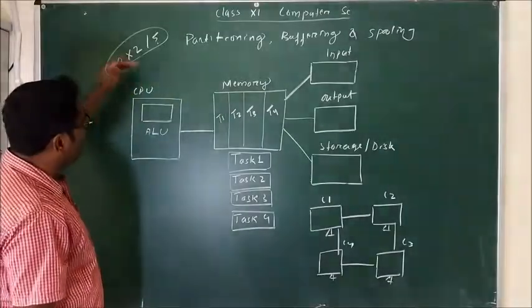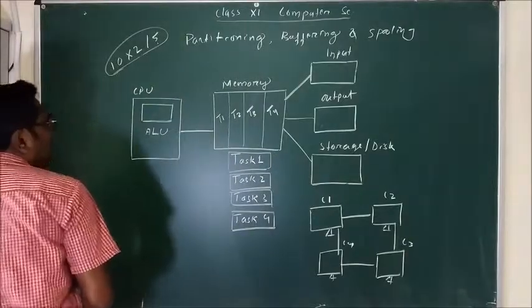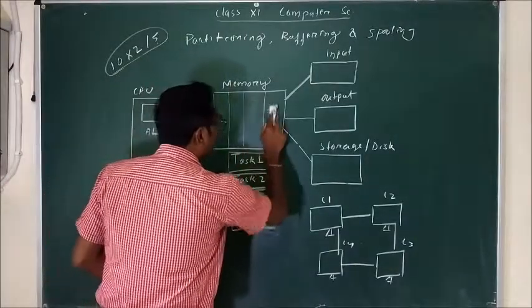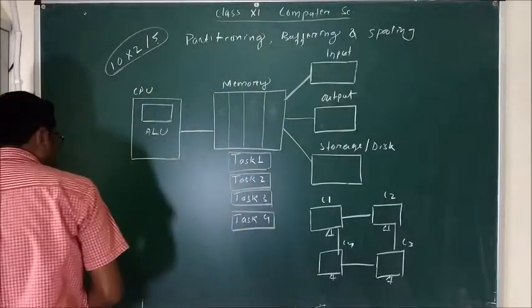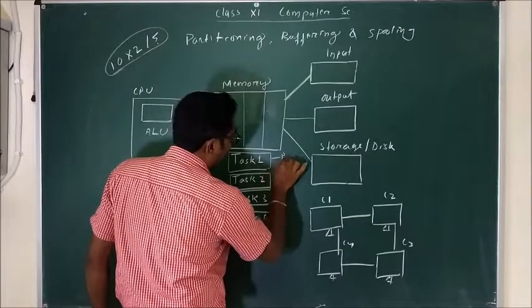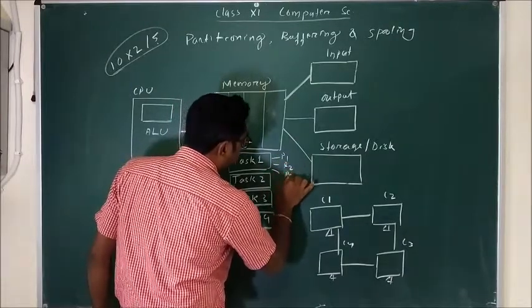This is in the case of multitasking. Suppose a single task is there, suppose only task 1, then what happens in case of partitioning? The task itself is divided into different parts. Suppose part 1, part 2, part 3.